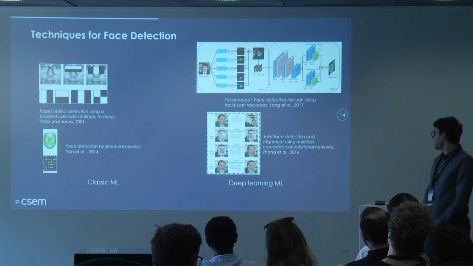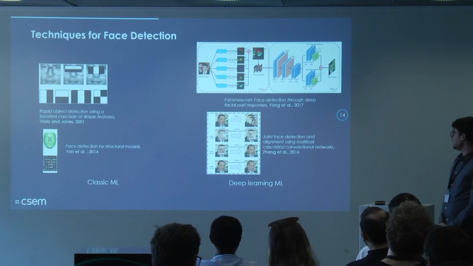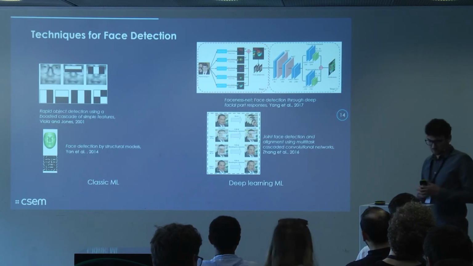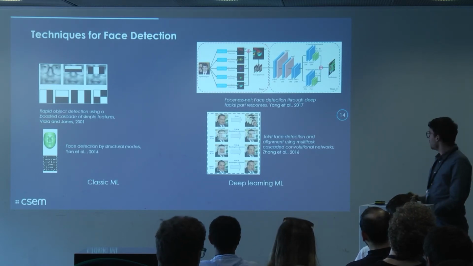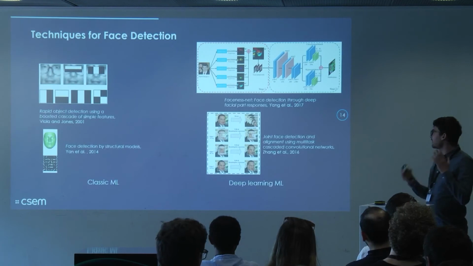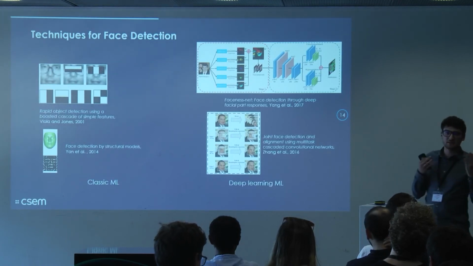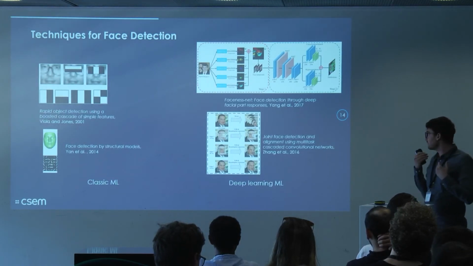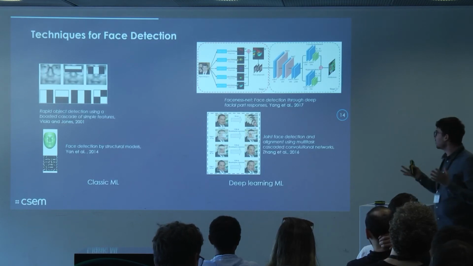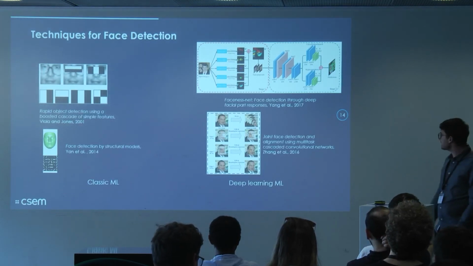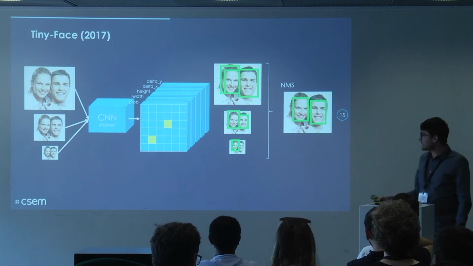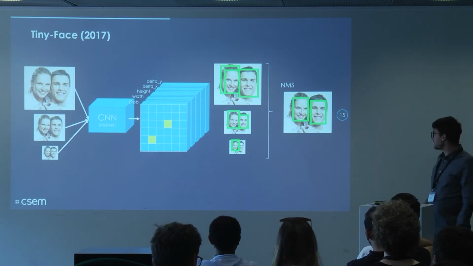And in 2016 and 2017, the models performing face detection were mostly based on the separation or detection of a few features like the eyes, the mouth, the nose, and trying to combine them to detect where the face is. The one we selected is Tiny Face, which is a work presented at CVPR in 2017.